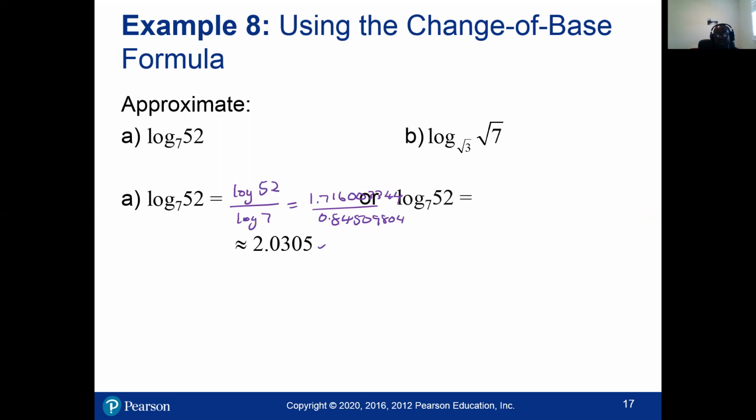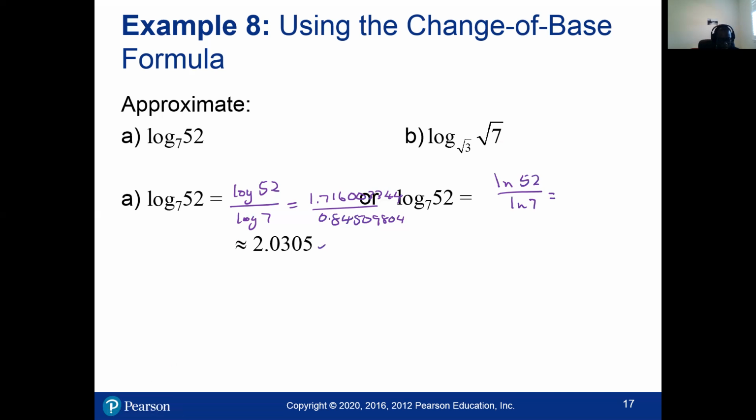Now I could have changed it to natural log. Same function there. So this will be natural log of 52 divided by natural log of 7. So change it to either base 10 or base e. What would this be?